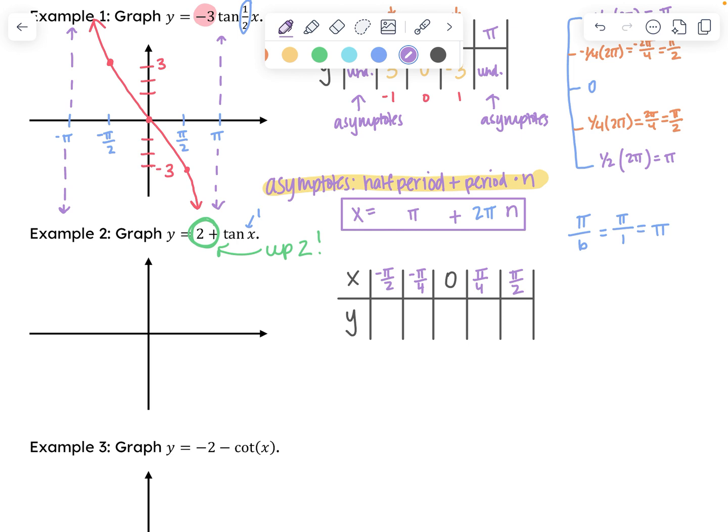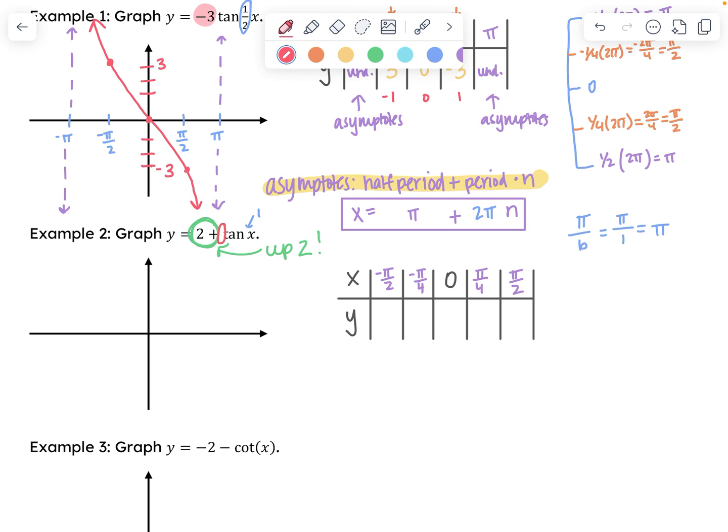Okay, now to find our y values, we need to look at if we have anything in front of our tangent, like a negative or a number that normally for sine or cosine would change our amplitude, but here would just be a stretch or a shrink. You can see right here that there's nothing in front of our tangent, so we don't have a reflection or a stretch or a shrink.